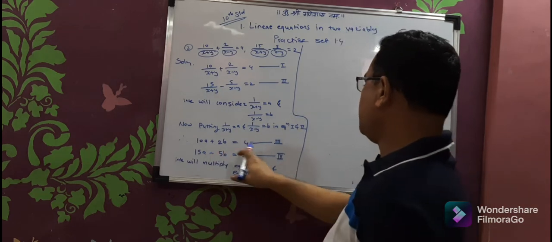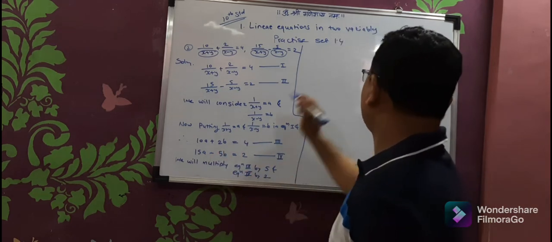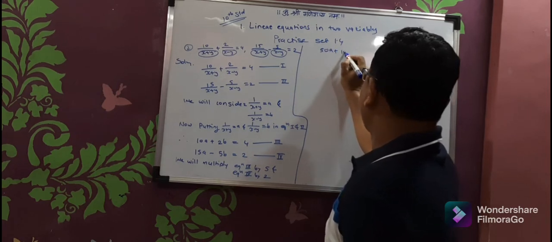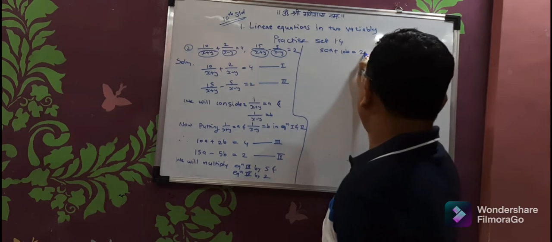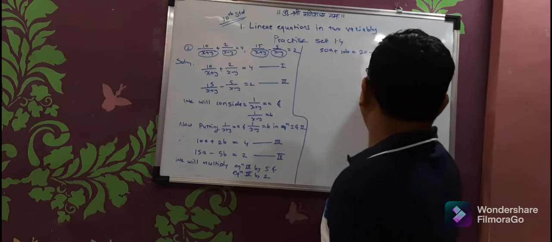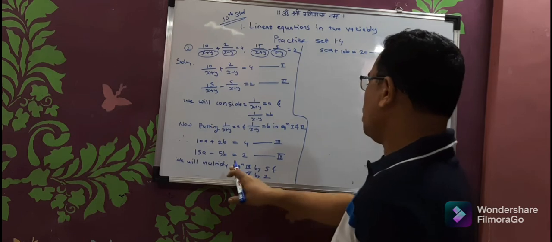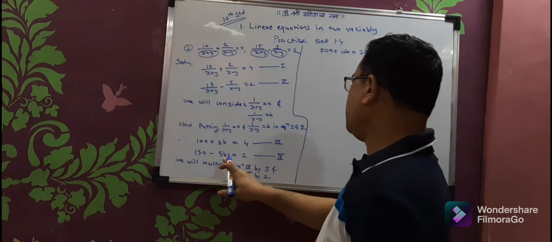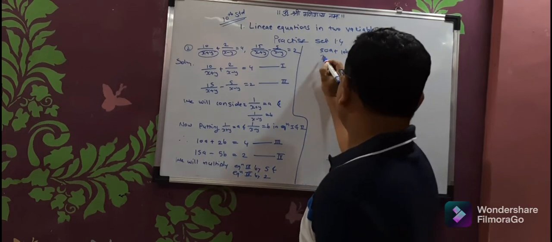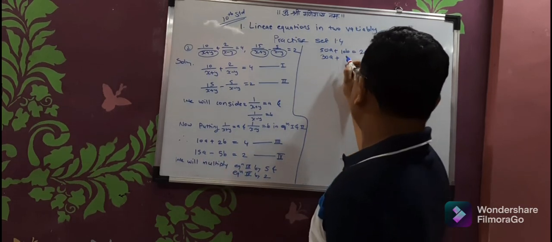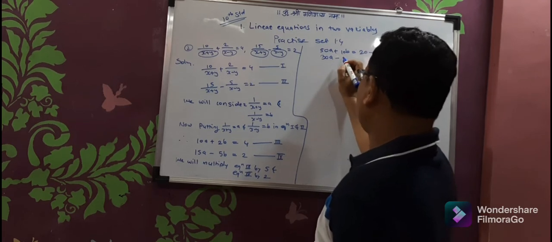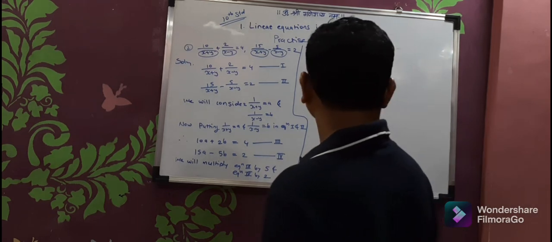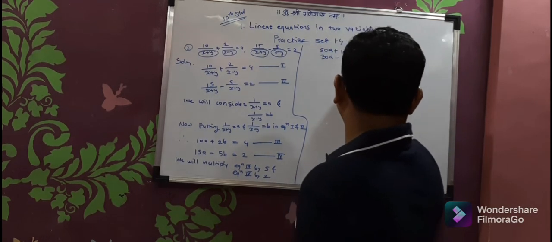So we multiply this third equation by 5. 5 tens are 50a plus 5 2s are 10b is equal to 20. This becomes the fifth equation. Then we multiply equation 4 by 2, so the answer becomes 30a minus 2 5s are 10b is equal to 2 2s are 4.